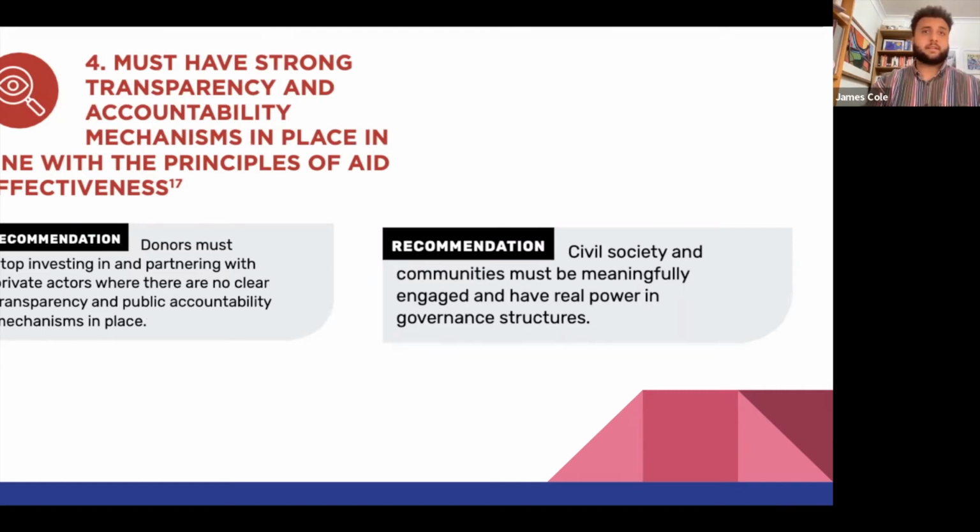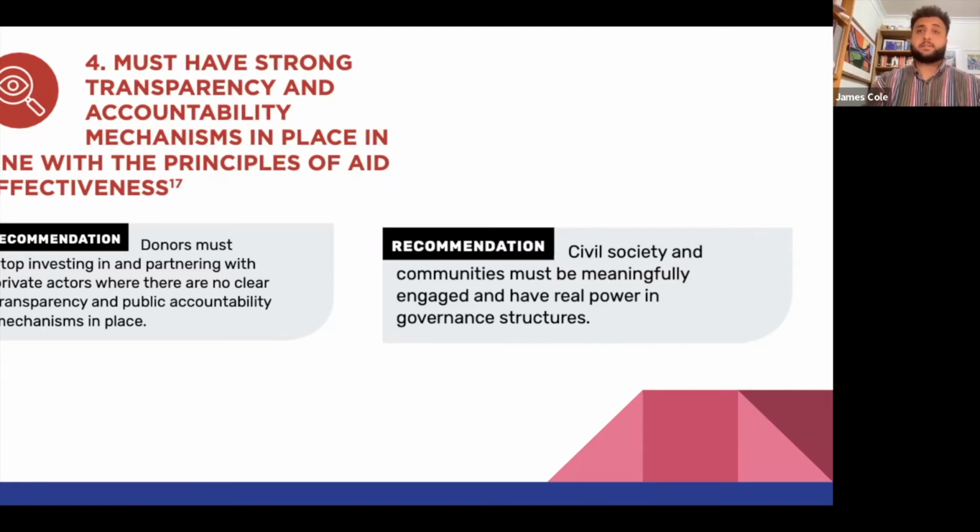So we obviously think it's vital that ODA public funding and donors have a responsibility, both to the taxpayers and the communities that they seek to support, to demonstrate the impact of the public funding and publish the details of that impact. Often when the private sector is engaged in a development initiative, much of the agreement of their involvement is not published, often citing reasons around commercial confidentiality.